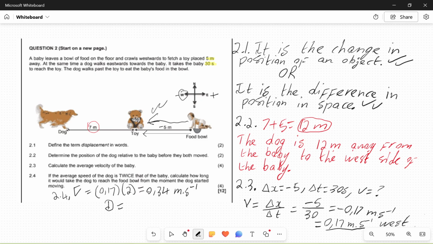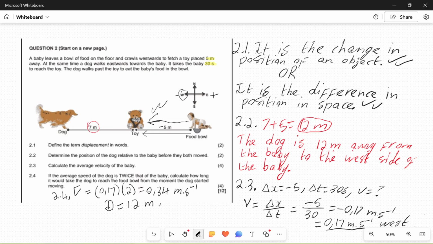Remember that the dog is moving from this point here up until this point, so it's 7 meters plus 5 meters to get here. And we already said that was a distance of 12 meters. So we'll say our distance is 12 meters. Once we have found this distance, now we can finally find the time.